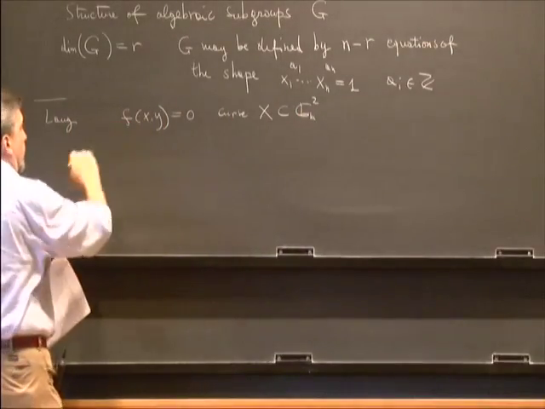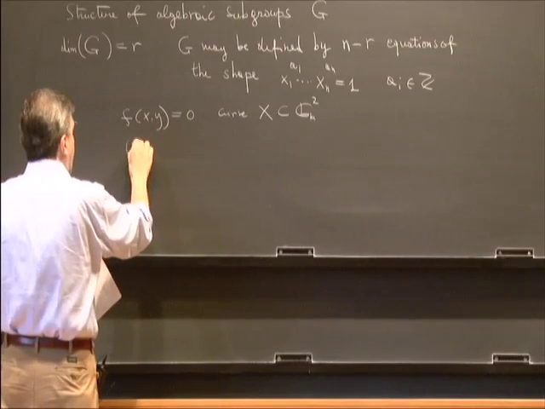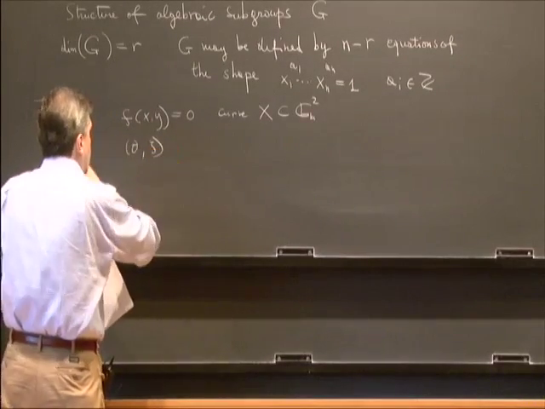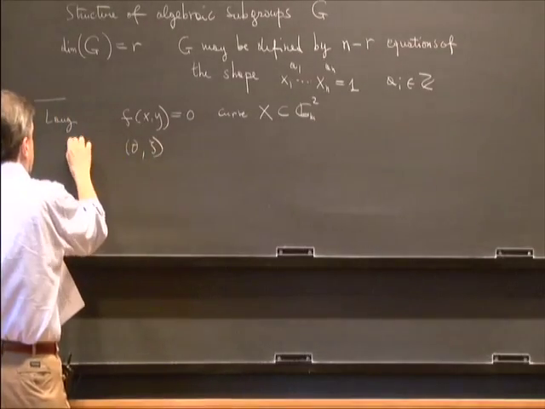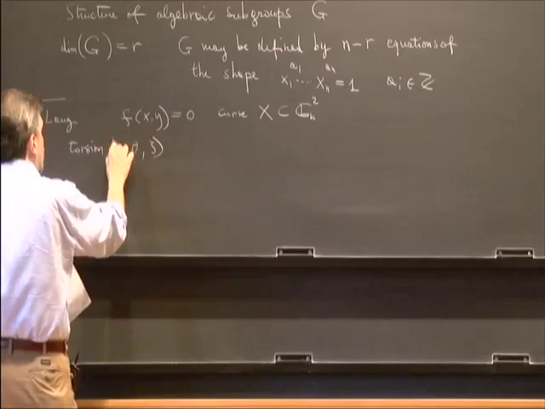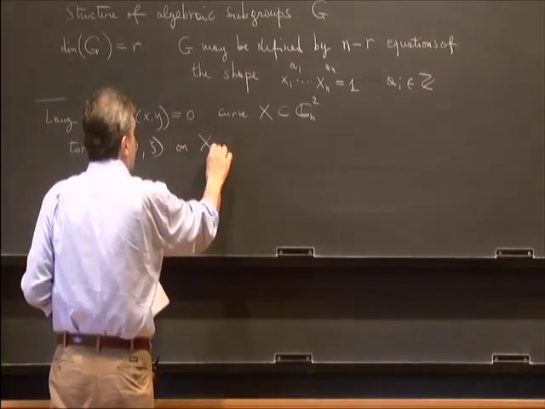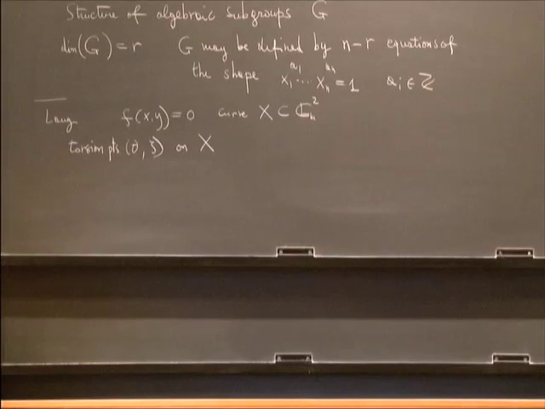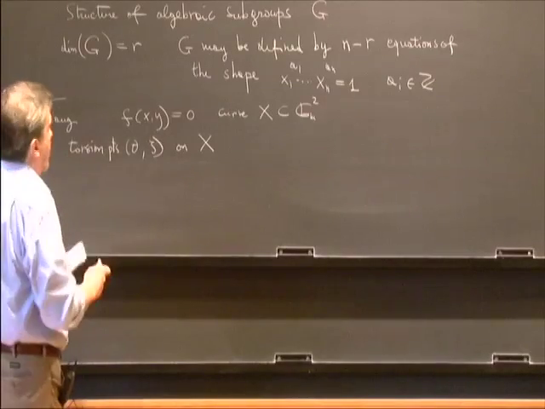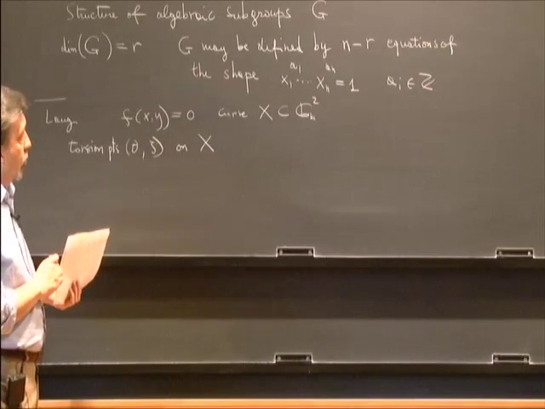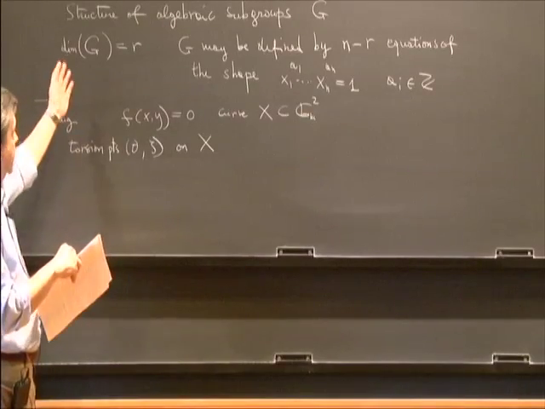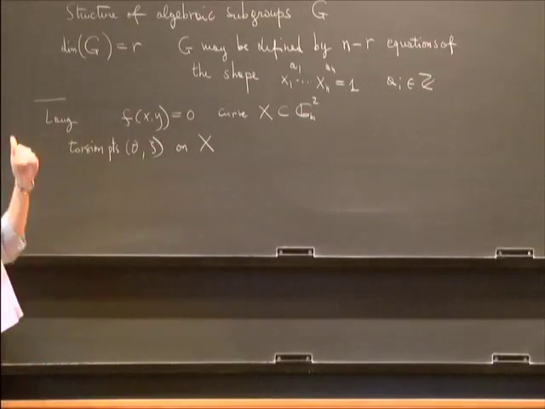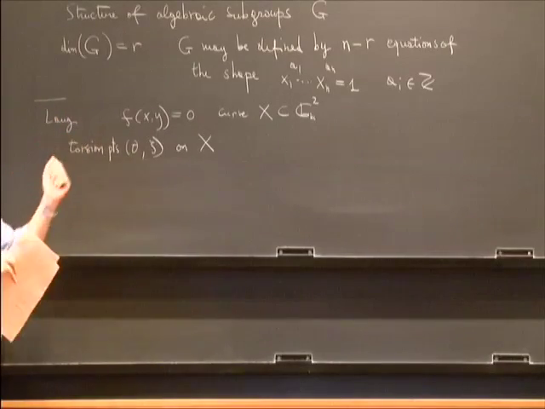And he asked about the points on the curve whose coordinates are roots of unity, so torsion points. And the statement that he foresaw was that the curve contains an infinity of torsion points only if it is a torsion coset. This means just a translate of an algebraic subgroup by a torsion point.